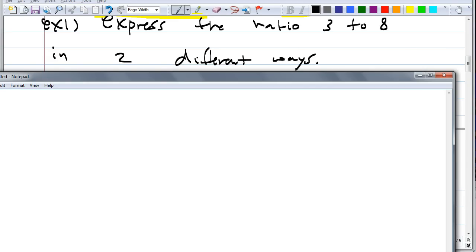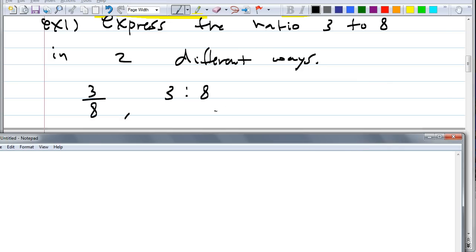Colon, okay. 3 colon 8, and then? Yeah, 3 over 8. Even though you write it this way, when you read it, it's 3 to 8. So that's easy. When it says to express it in two different ways, does that mean two different ways than what we already used? Yeah, than what we already used.